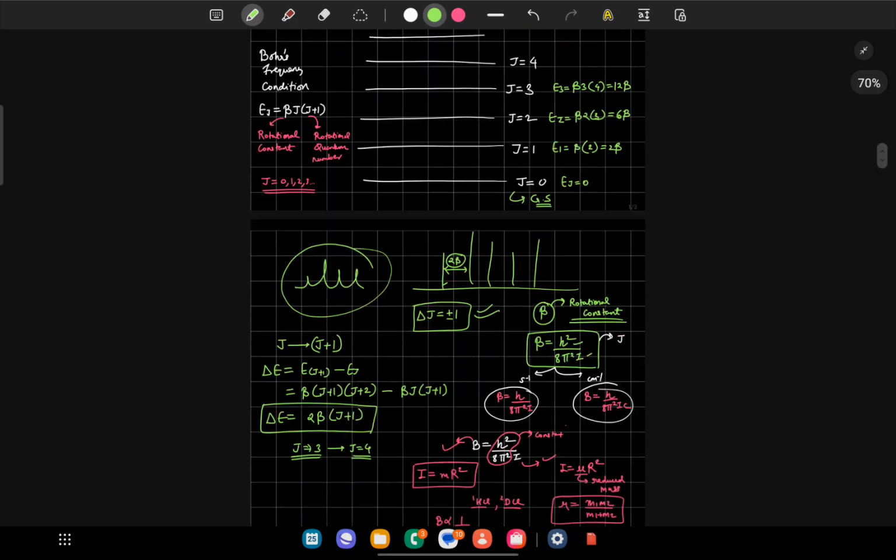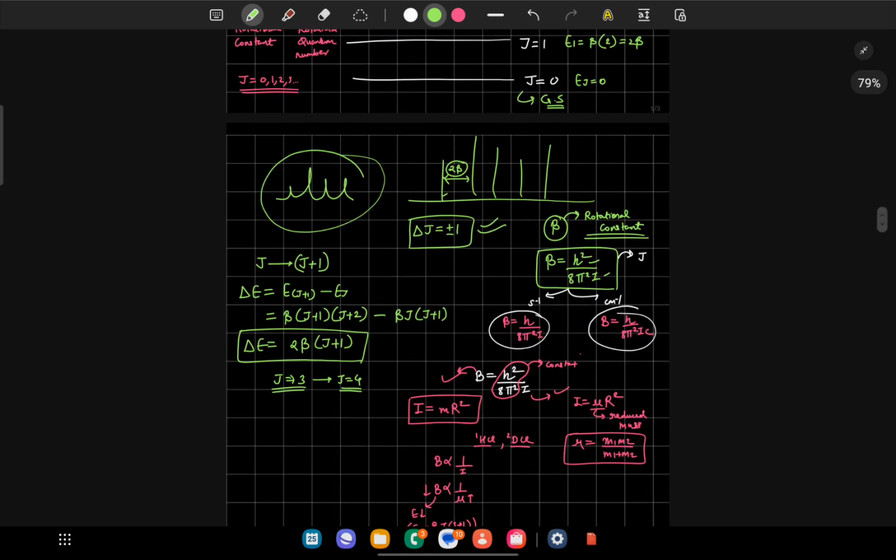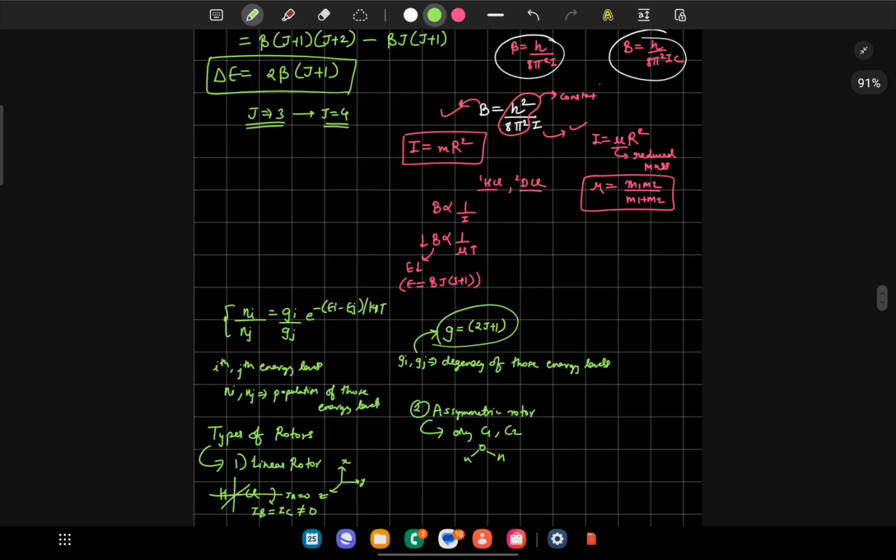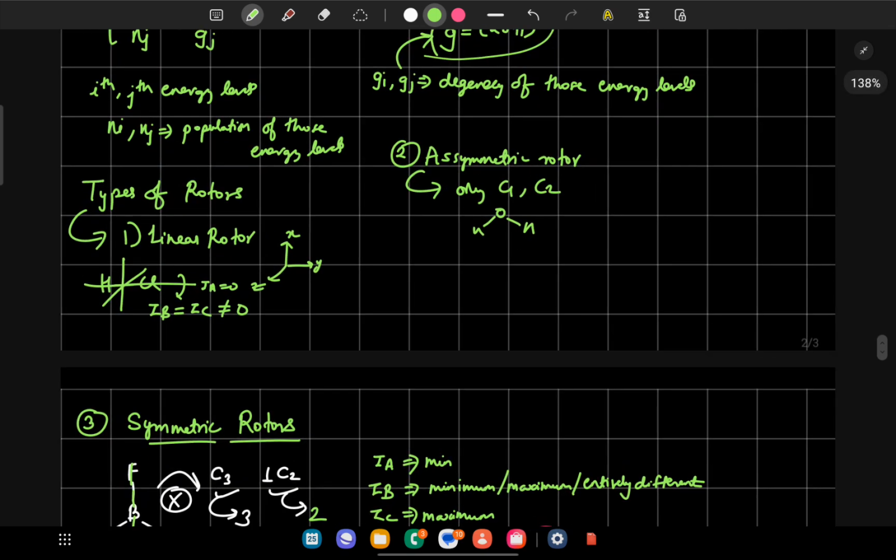So as of now I think that is all which is helpful in covering and understanding all the particular aspects of rotational spectroscopy. I would definitely love to bring up a problem solving session in the upcoming days, and we'll solve some very interesting and intriguing questions and make sure that we score well enough in the exams.